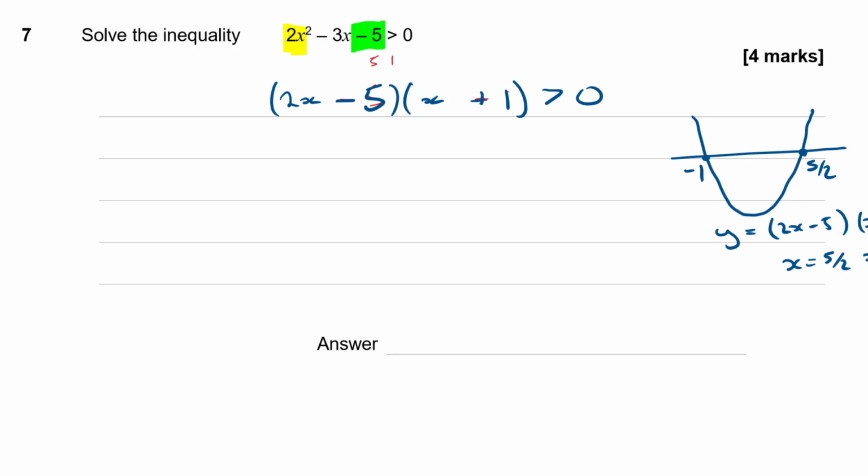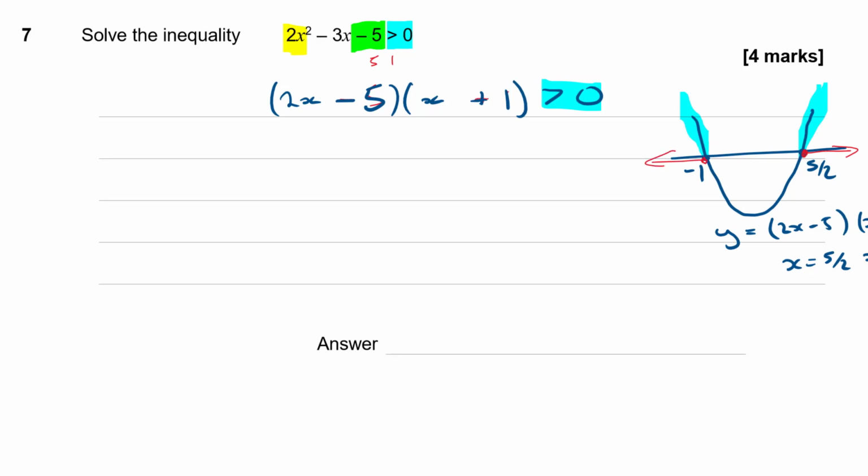Okay? Now we want the area of this graph that is greater than 0. Where is this graph greater than 0? We want greater than 0. So this graph is greater than 0 when the graph is above y equals 0, this section of the graph. And which values of x give those areas? Well, it will be from that point onwards, or from this point in this direction.